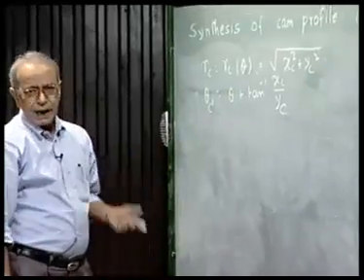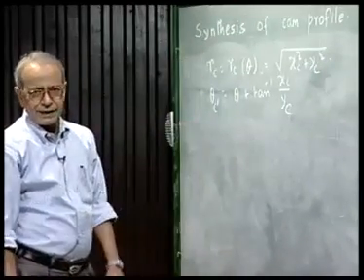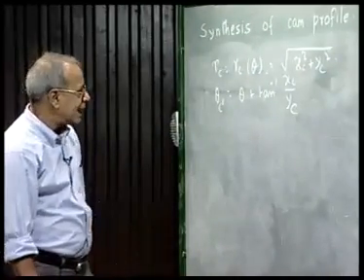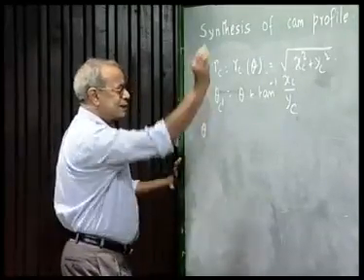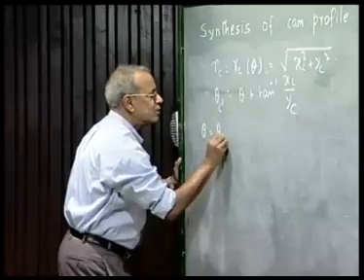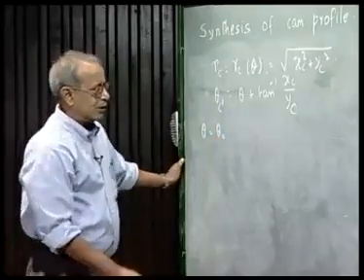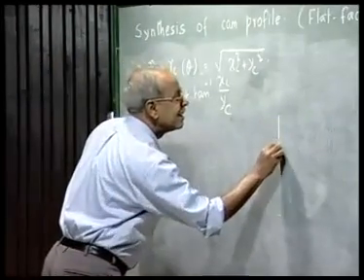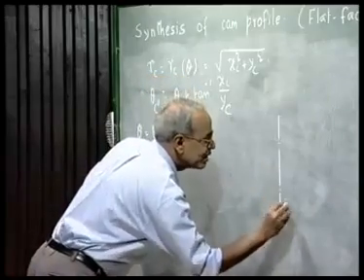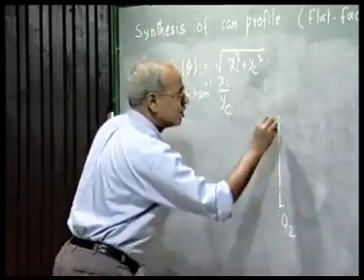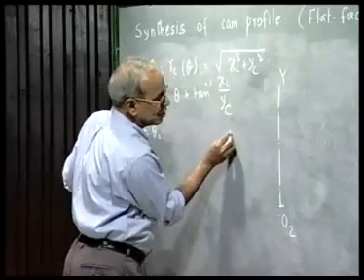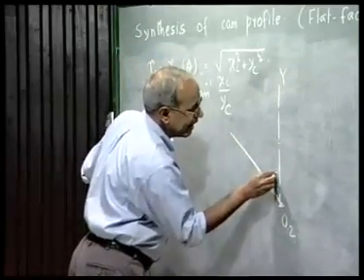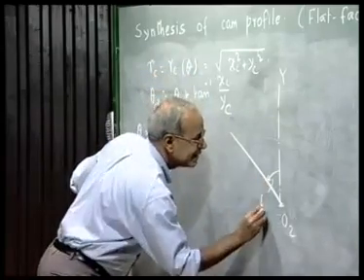And now to draw the cam profile after getting this series of values, what I can decide is that I will draw the cam profile when the cam has rotated, say, by an angle theta 0. So what I do, I take an origin which is O2, draw a line which is vertical, then draw a line at an angle theta 0.